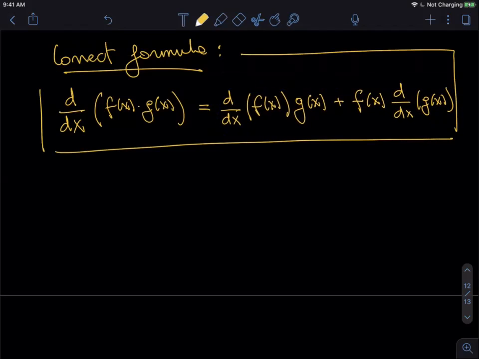And this is the formula. You can say it like a song: the derivative of the first times the second without derivative plus the first without derivative times the second with derivative.